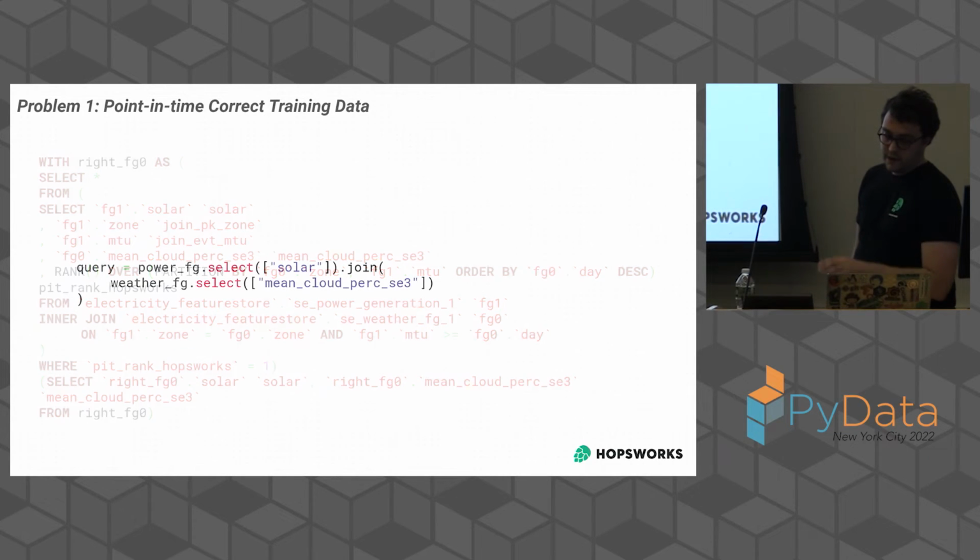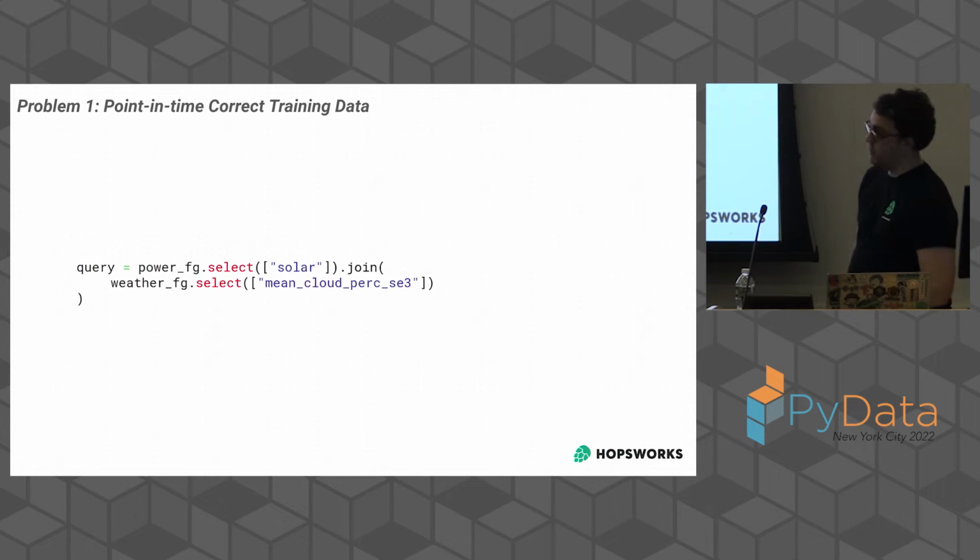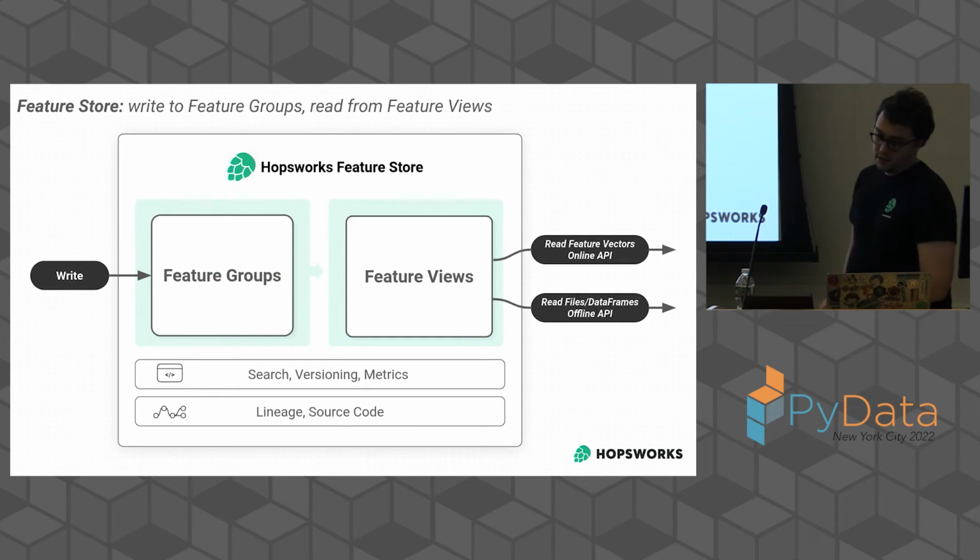The way we simplify that in the API is by providing a Pandas-like Python API, which allows us to say, okay, I want to select that feature from that specific feature group, and I want to select the mean cloud percentage from the weather feature group and join them together, and the API will automatically create the correct query and execute it.